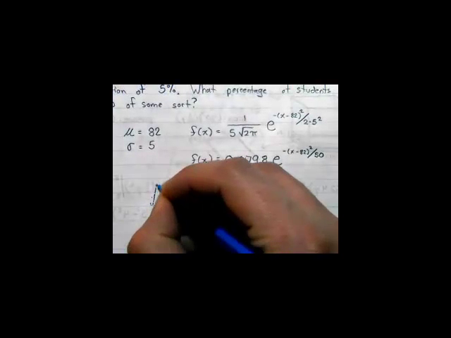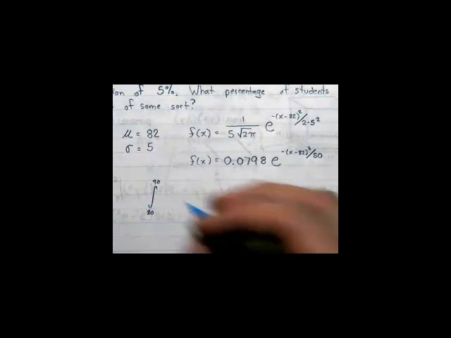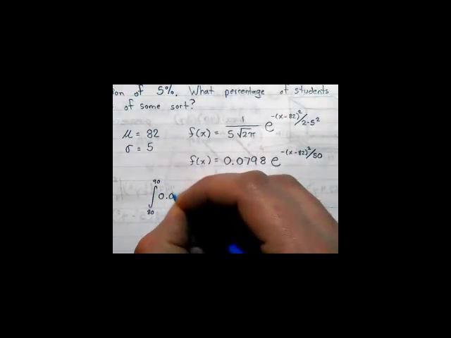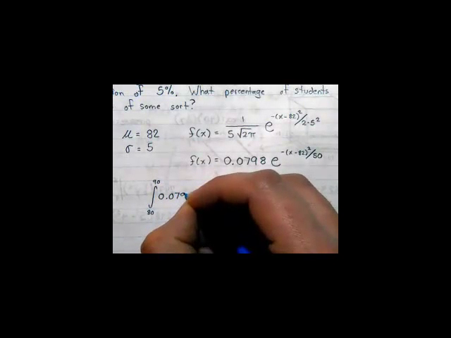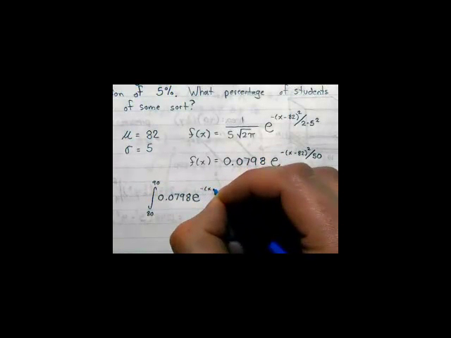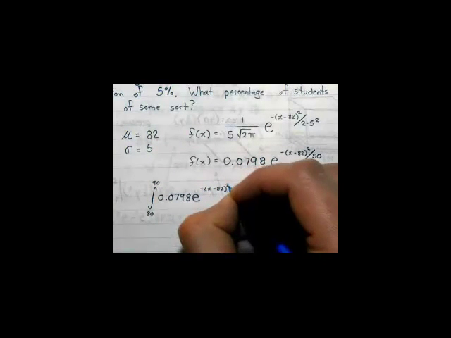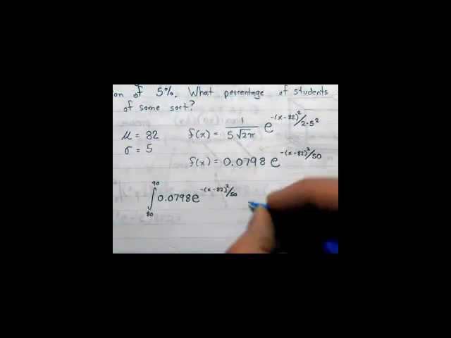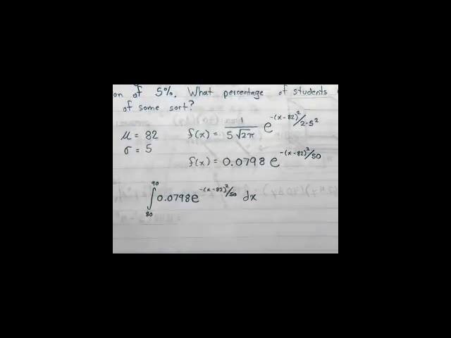So we're going to do the integral from 80 to 90 of this 0.0798 e to the negative x minus 82 squared over 50 dx.